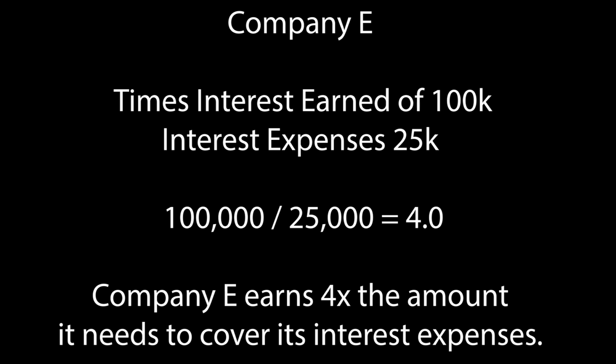Suppose company E has income of $100,000 and interest expenses of $25,000. Using our formula, $100,000 divided by $25,000 is 4. This indicates company E earns 4 times the amount it needs to cover its interest expense, and this would generally be a healthy margin. Using leverage ratios to evaluate risk, especially in debt-heavy industries, can be a fantastic tool.